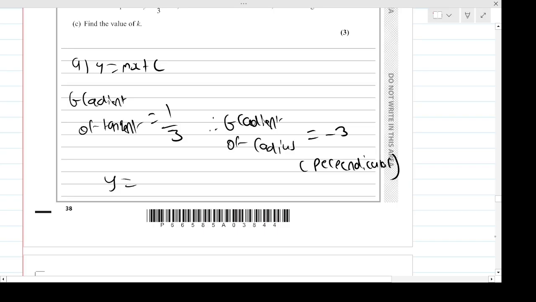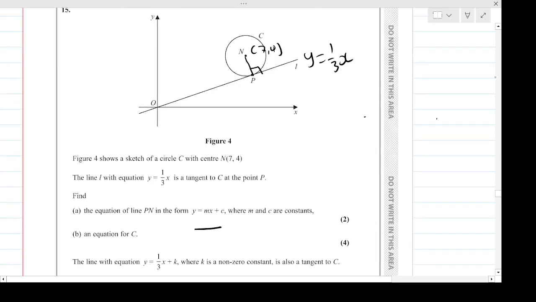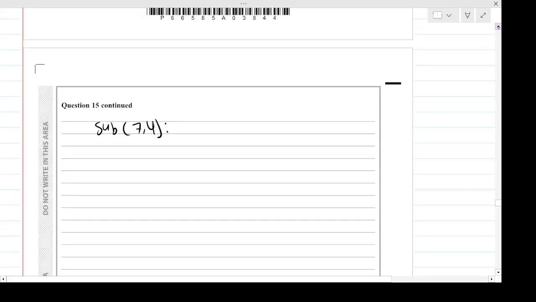So y is now minus 3x plus c. Now I just need to find c. I also know that this point N, the centre, is on this line PN, on the radius. So I can sub in (7, 4): x is 7, y is 4.